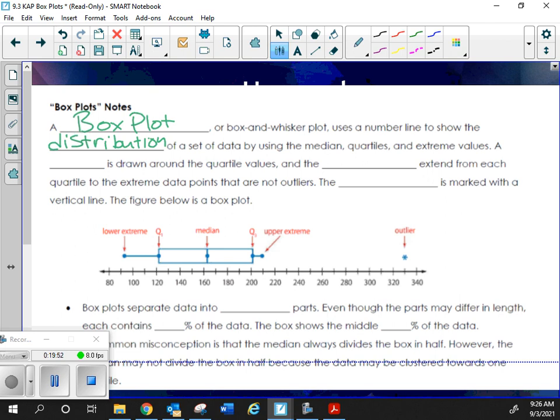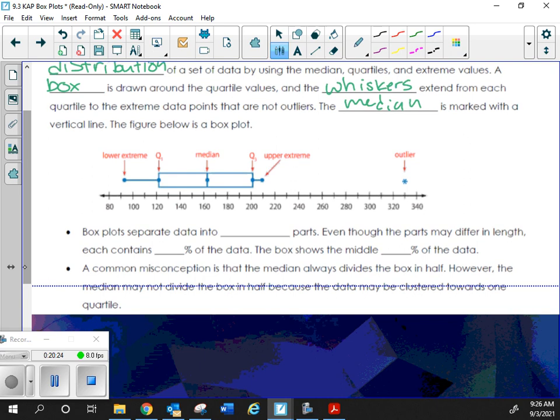A box is drawn around the quartile values and the whiskers extend from each quartile to the extreme data points, and there are no outliers. In 6th grade, we're always going to include our outliers, and that's what they did. The median is marked with a vertical line, and the figure below is a box plot.